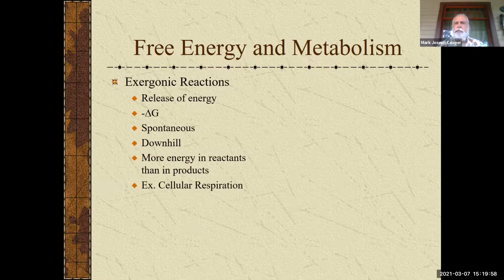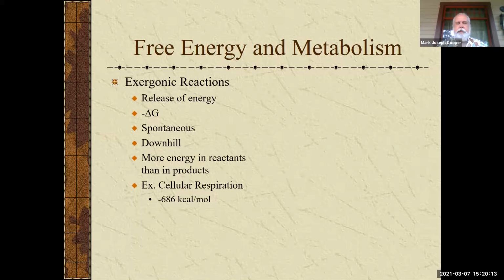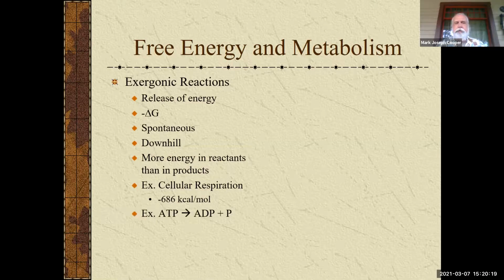And then an example of that would be cellular respiration, where you are breaking down glucose. Cellular respiration is basically producing ATP. And so here it's a negative 686 kilocalories per mole. That's the amount of energy. And then breaking down ATP into ADP.